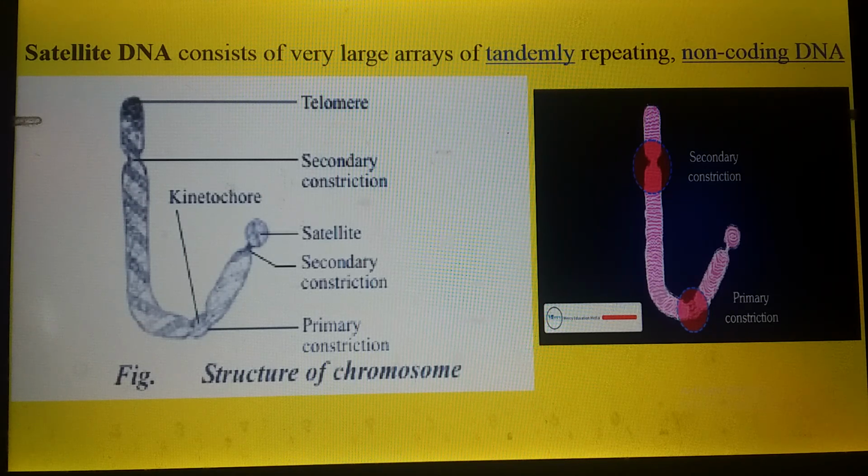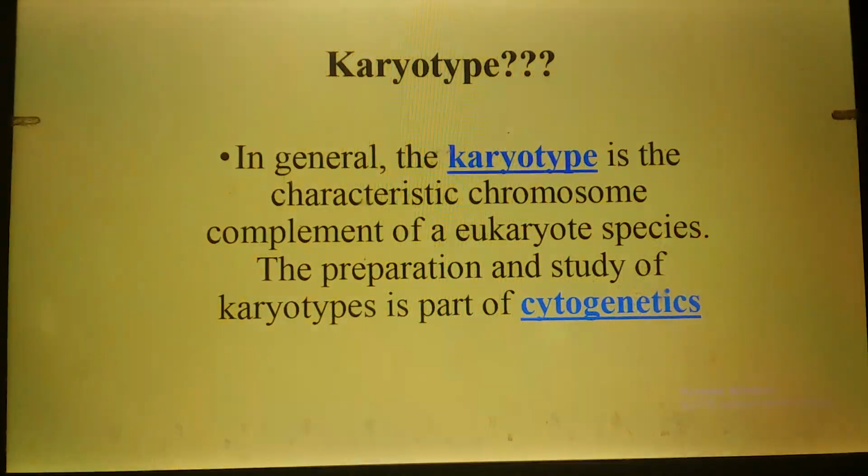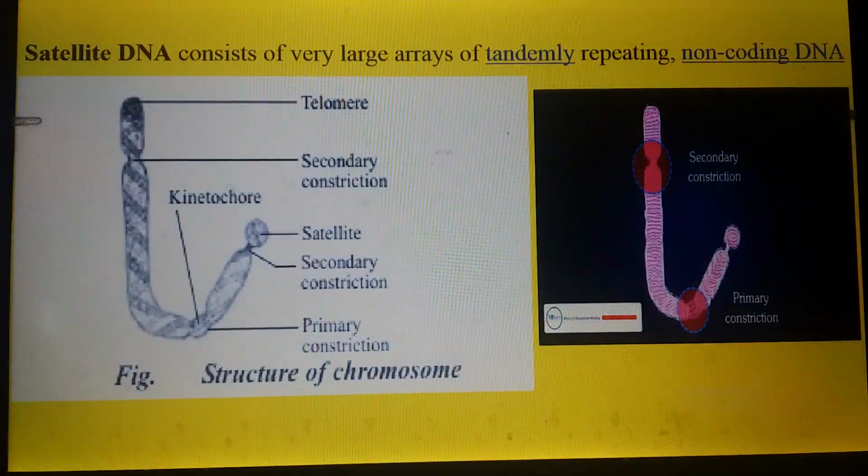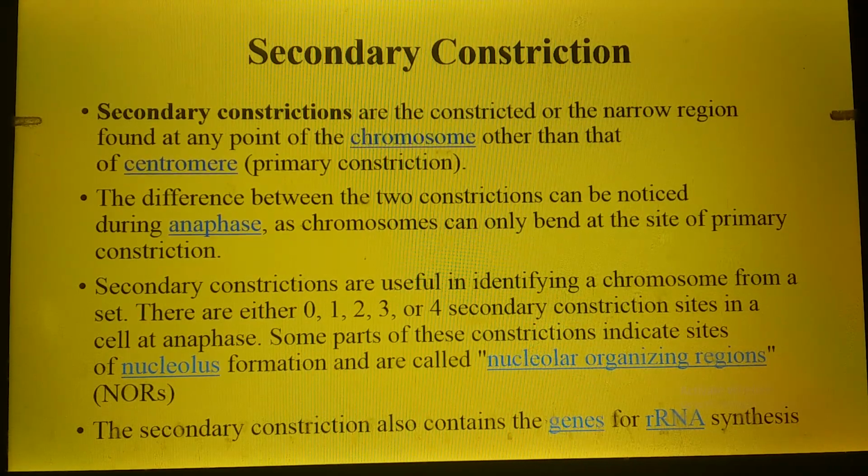So this is the satellite which is a non-coding region of the DNA. And you can see the secondary constriction. Now I will discuss in detail about the secondary constriction. So secondary constrictions, आप देख सकते हैं, are characteristically narrow, constricted regions found at any point of the chromosome other than that of the centromere. एक बात तो ये हमने क्लियर कर ली कि beside the centromere or primary constriction, there is another constricted area or narrow region which is known as secondary constriction.